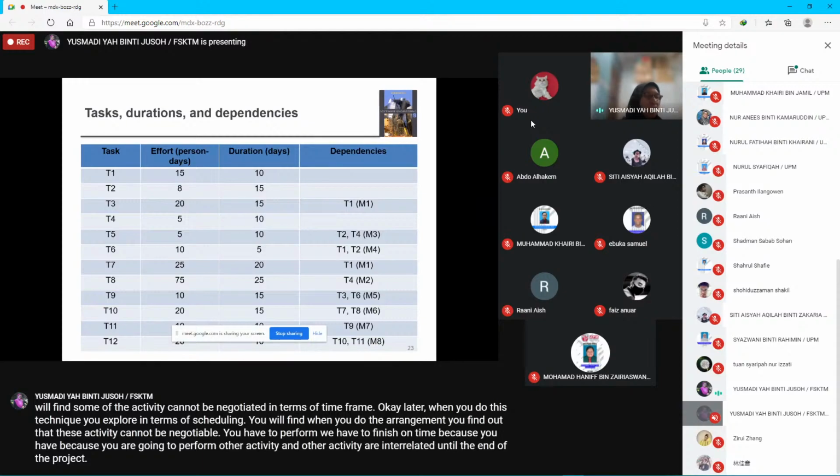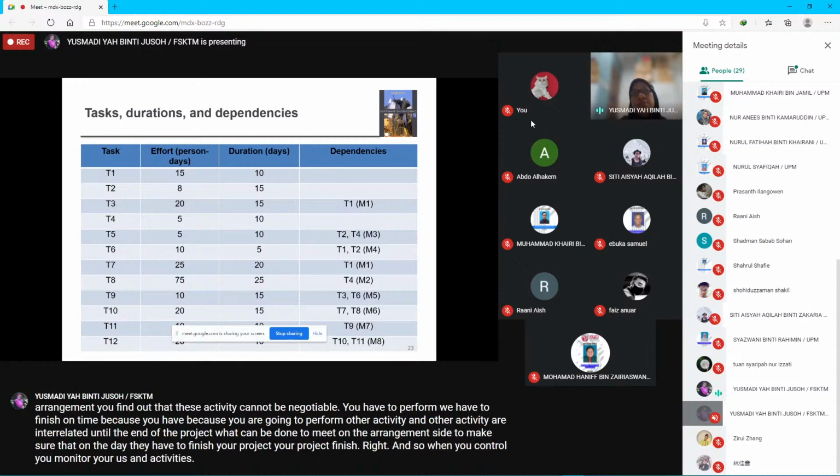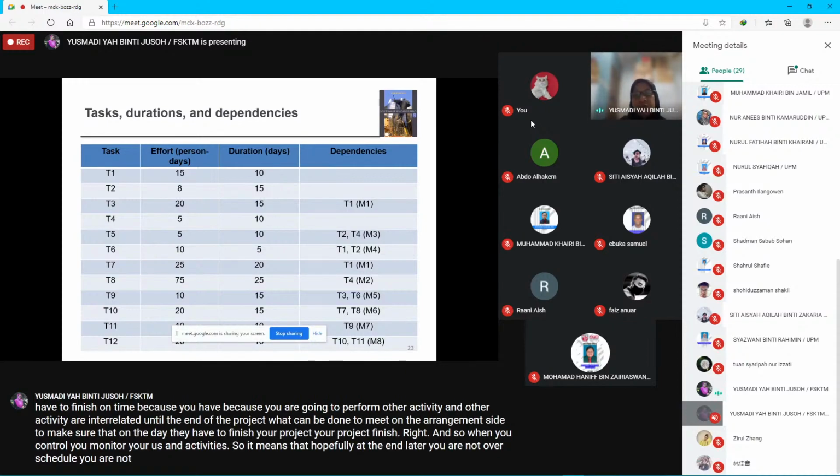So what can be done in the arrangement to make sure that on the day you have to finish your project, it is finished? And when you control and monitor your tasks and activities, hopefully at the end you are not over schedule and not delayed on your project.